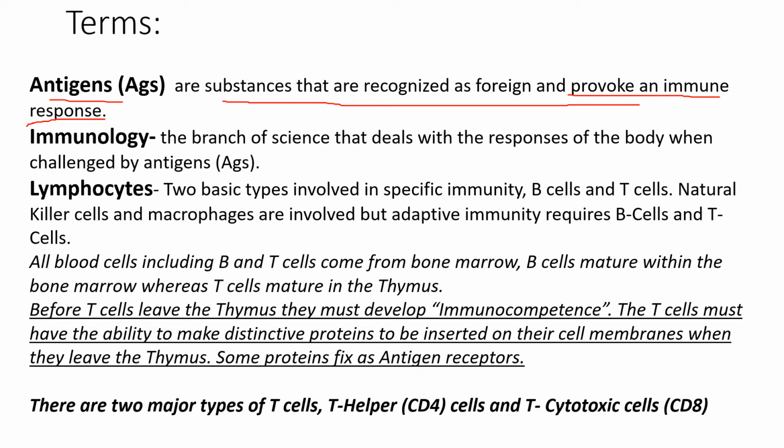You have to be able to identify who the bad guy is, right? So an antigen is something that would be foreign to the human body and could provoke an immune response. Immunology is the branch of science that deals with responses of the body when challenged by antigens. So it's the study of how your body does this.